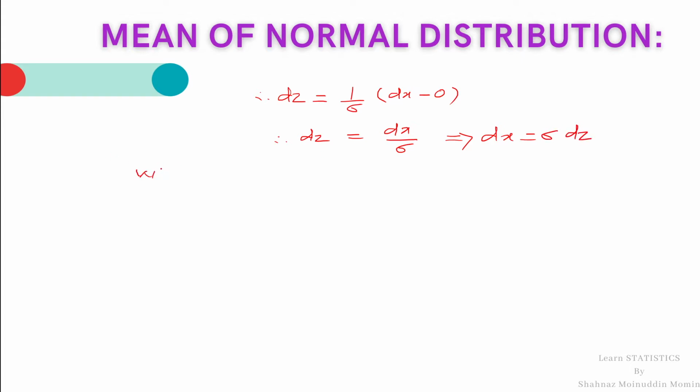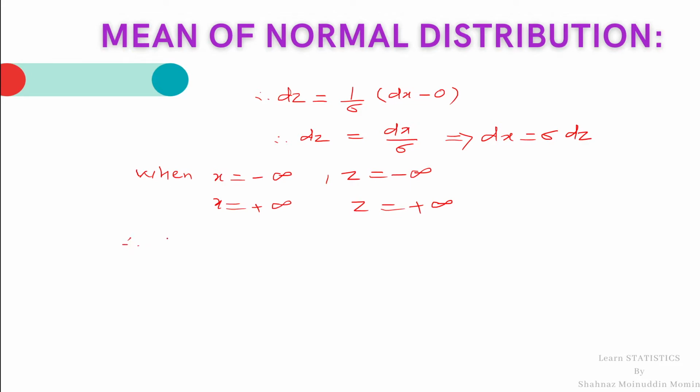When we calculate the limits of z, if x equals minus infinity, z is also equal to minus infinity. Similarly, if x is plus infinity, z is also plus infinity, since z equals (x minus mu) upon sigma.